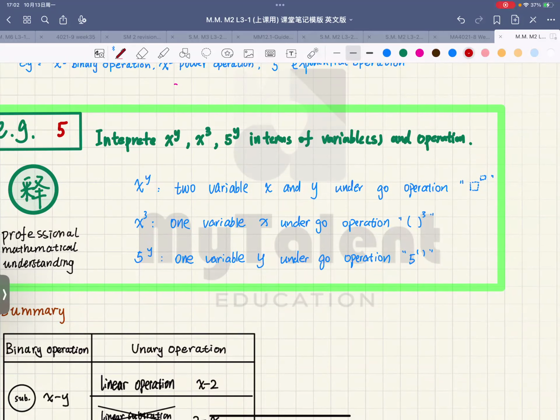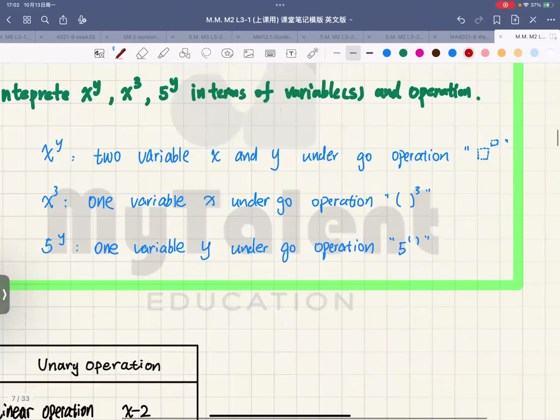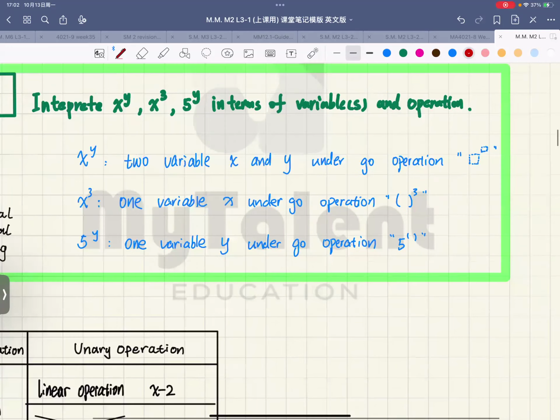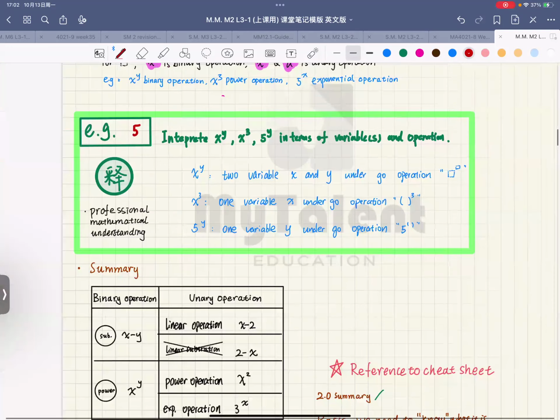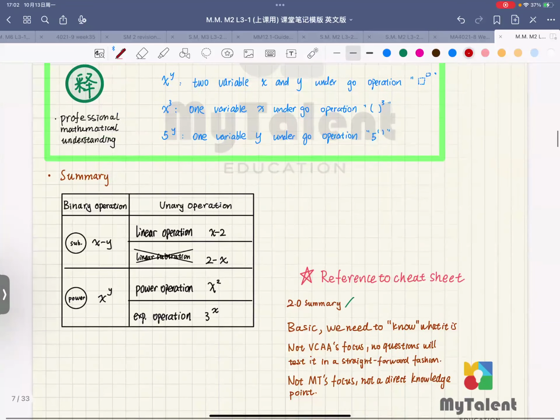So x to the power of y: two variables, x and y, undergo the operation something to the power of something. x to the power of 3: one variable, x undergoes the operation something to the power of 3. And 5 to the power of y: one variable, y undergoes the operation 5 to the power of something. That's how we interpret this operation.